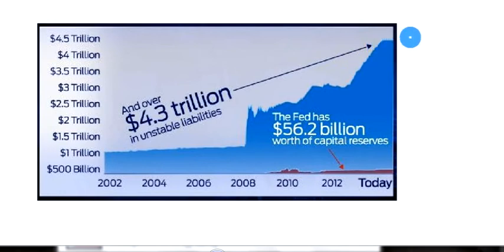So think about that. It'd be like you having $56,000 in income, but you had $4.5 million in liabilities or loans. It's that kind of ratio. It's that kind of difference.